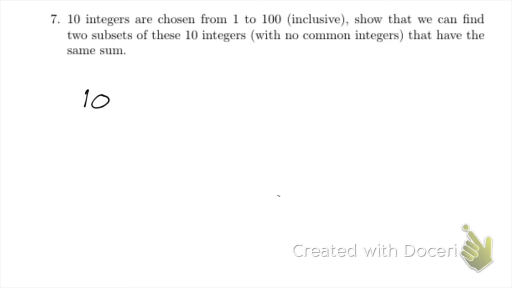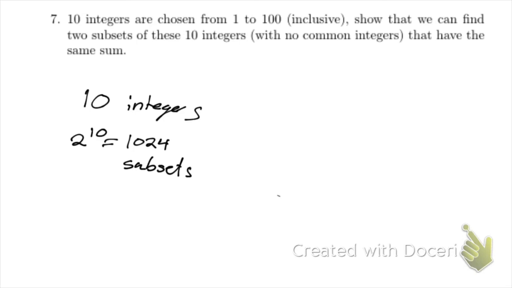So when we look at the first integer, we have two possibilities. In the second integer, we have two possibilities. So we're going to multiply 2 together by itself 10 times. And so for 10 integers, 2 to the 10 is equal to 1024 possible subsets.